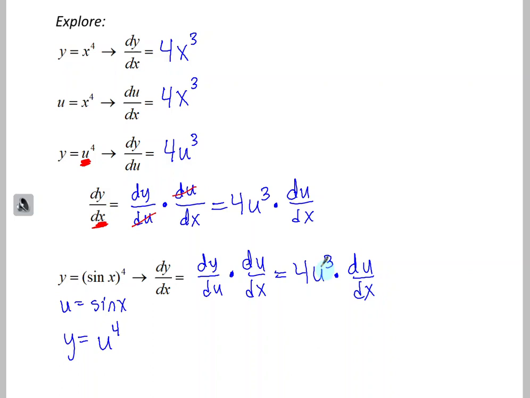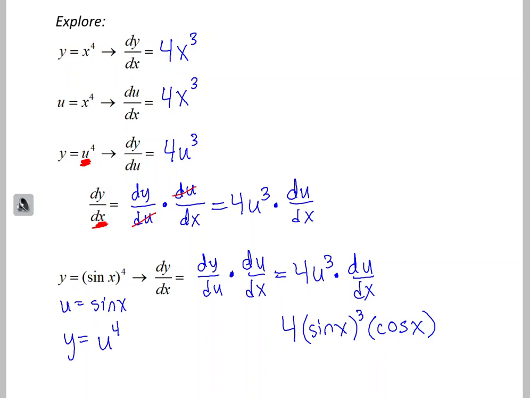Now, because we actually said what u equals, we can take this a bit further and say that instead of 4u cubed, we have 4 sine x cubed, because u is equivalent to sine x. And then instead of du/dx, we can take the derivative of the u function, sine x, its derivative, cosine x, so times cosine x. That is using the chain rule.